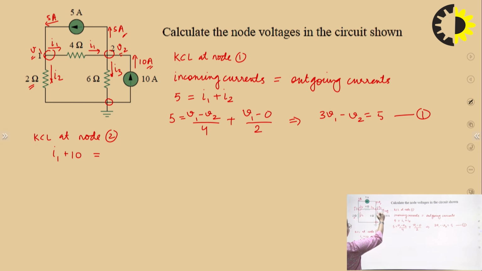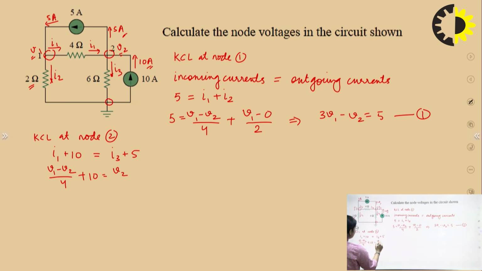Outgoing currents are I3 and 5 ampere. So I3 plus 5 amperes are outgoing currents. So now put I1 and I3 values in terms of V1 and V2. So I1 is V1 minus V2 by 4, so V1 minus V2 by 4 plus 10 is equal to, what is the value of I3 in terms of V2? V2 minus 0 by 6.